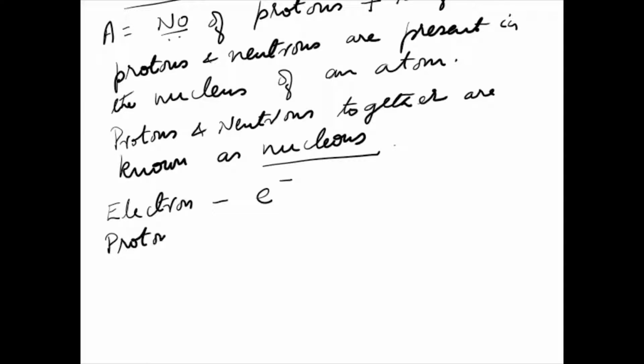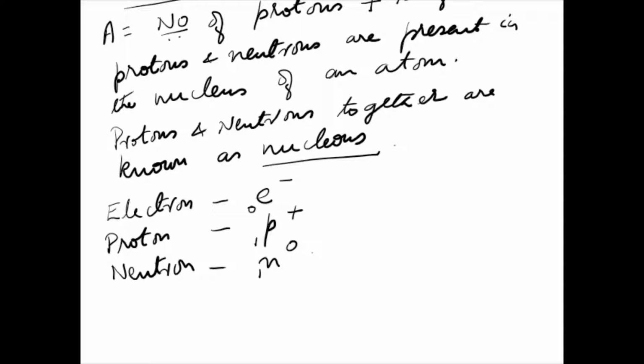Proton is represented as p plus, and neutron is represented as n0 because the charge on it is 0. Okay, then the mass is represented as a subscript. Electron has negligible mass, proton has 1 unit mass, neutron also has unit mass.